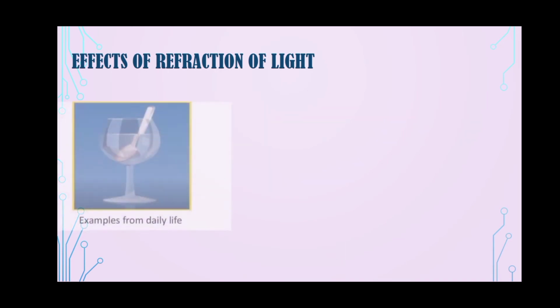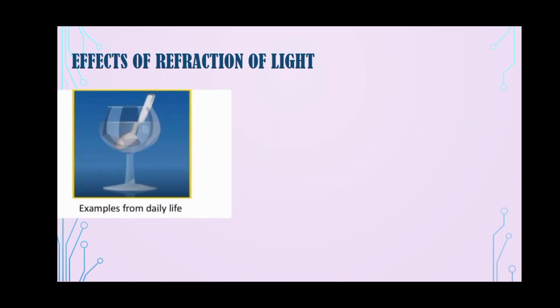Effects of refraction of light. The refraction of light produces many effects which can be easily observed in our day-to-day life. We will now describe some of the important effects of refraction of light. It is due to the refraction of light that a stick or pencil held obliquely and partly immersed in water appears to be bent at the water surface.